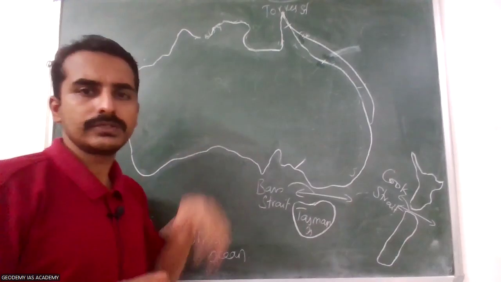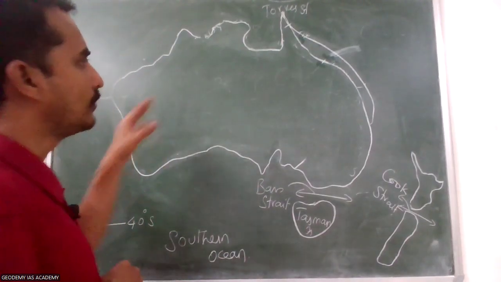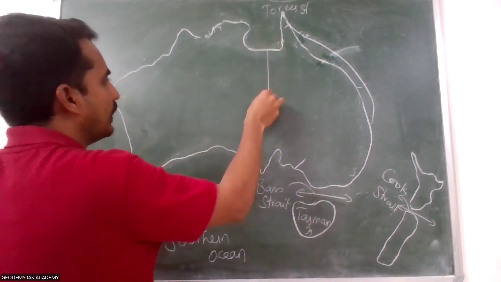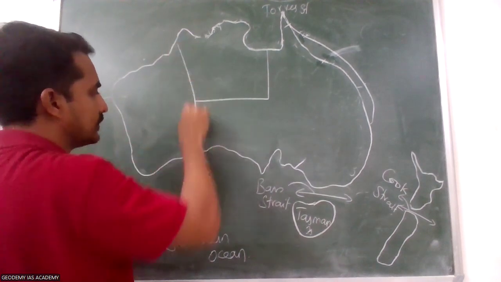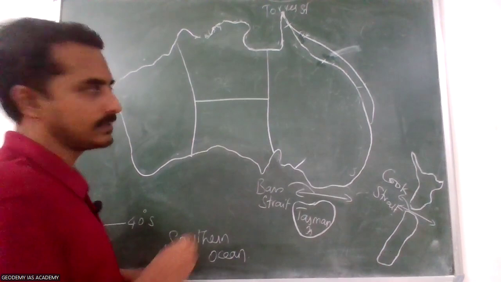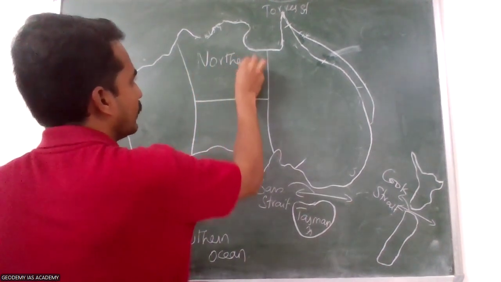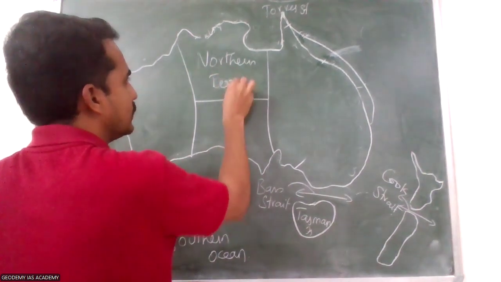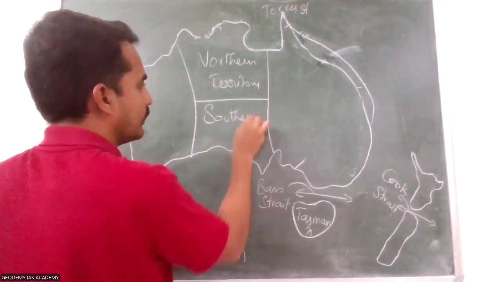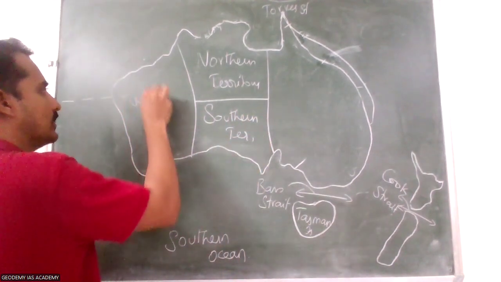Then the political divisions of Australia. It is divided into provinces. The north, west and south are named after the directions. Here is the Northern Territory, a province, and South Australia, and Western Australia.